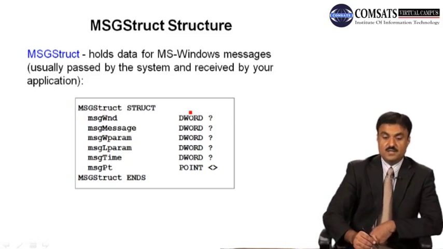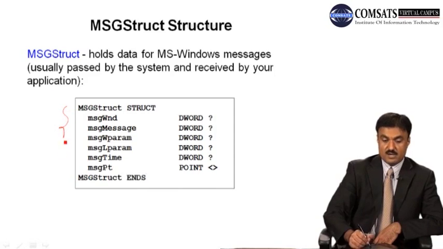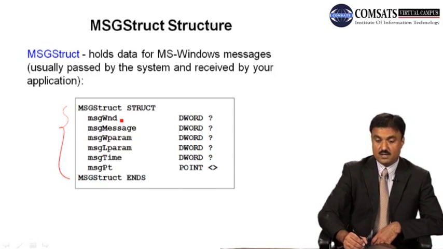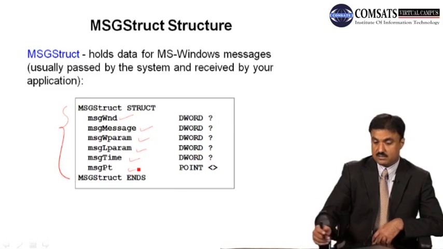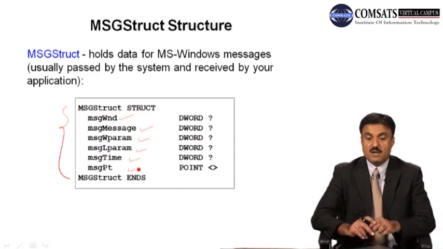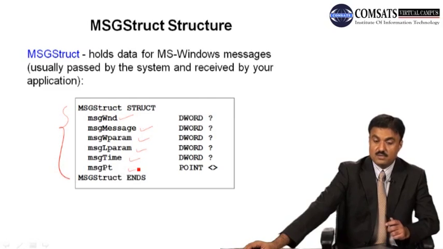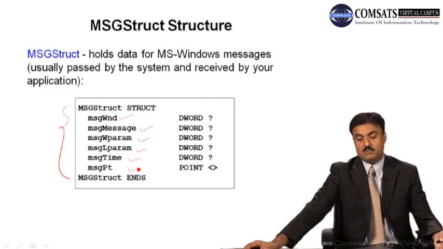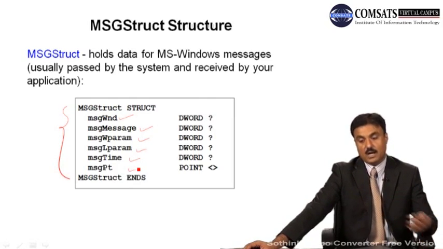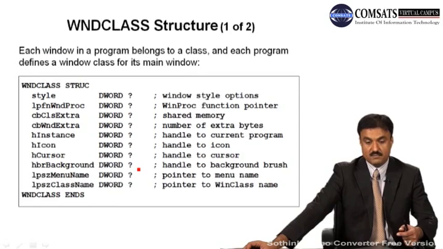What's the message, what are the parameters, Windows parameters, and so on. We have time and the point and so on. So all this is the message structure. This message structure will be used when we get some information from the system towards our application.